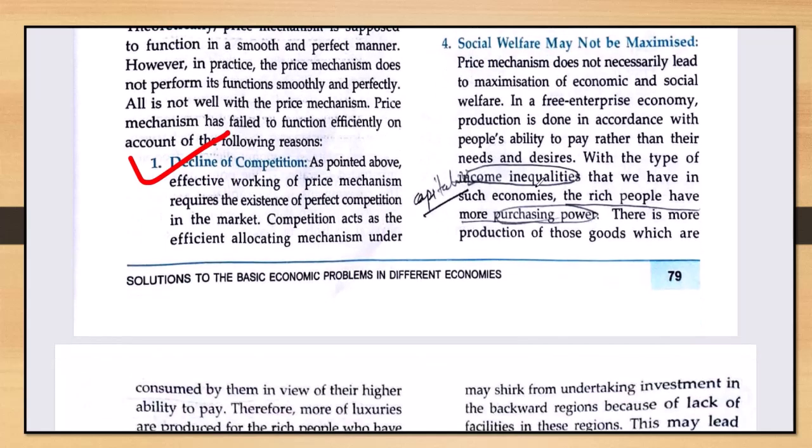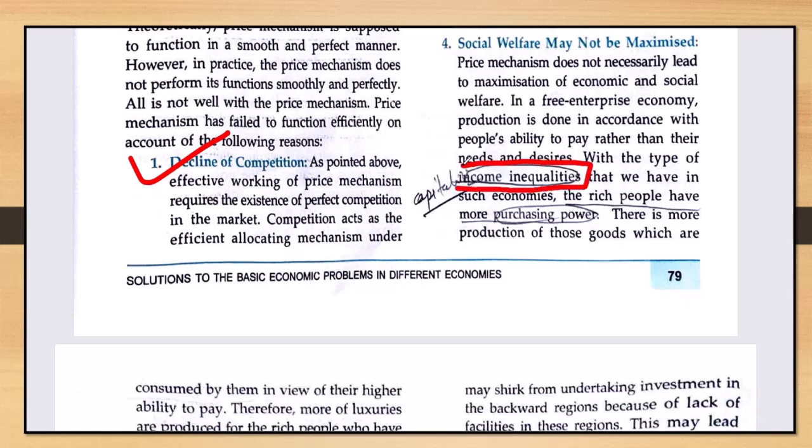Social welfare may not be maximized. Since everybody is motivated by self interest, one is motivated for the income, and the other one is motivated only for profit maximization, there ultimately becomes a huge income inequality in the society.